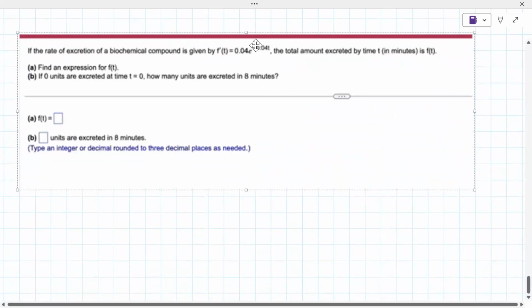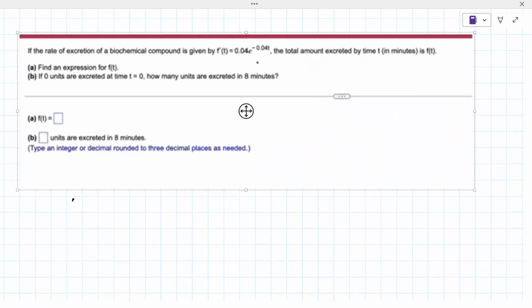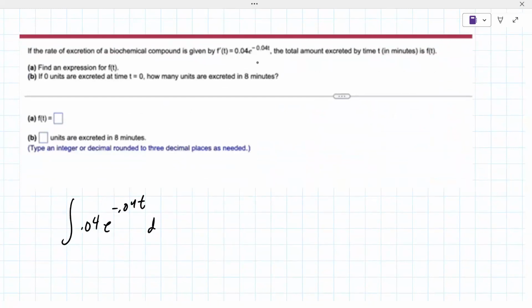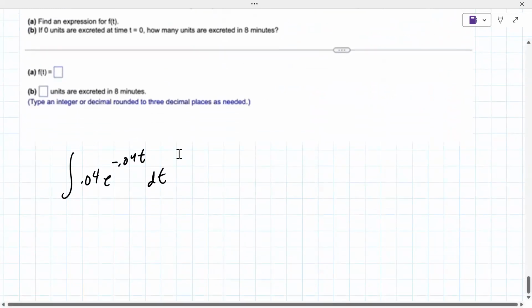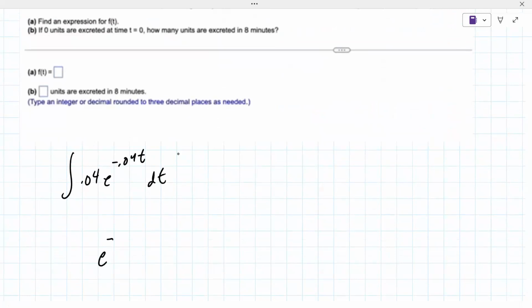We're going to integrate this function, the integral of 0.04 e to the minus 0.04 t dt. So the rule here is that you bring down the e, whatever the e is, and you divide by the exponent. But you also bring this 0.04 down.